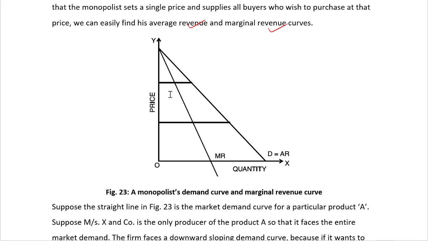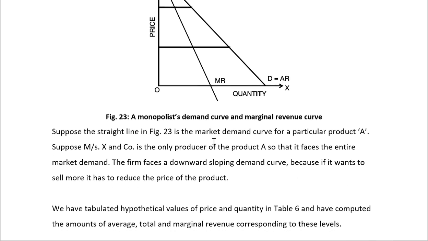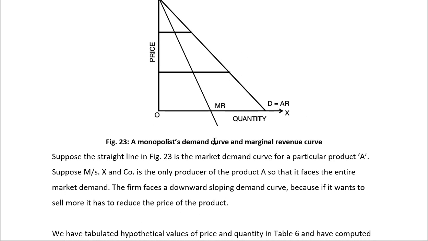The marginal revenue curve will be a bit steeper as compared to the average revenue curve. See over here, suppose the straight line in figure 23 is the market demand curve for a particular product, that is A.